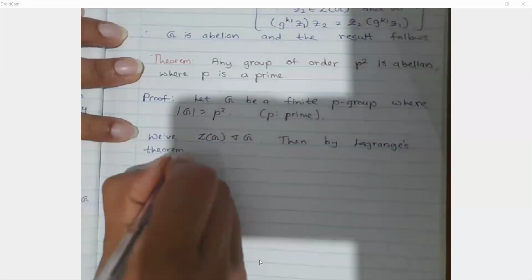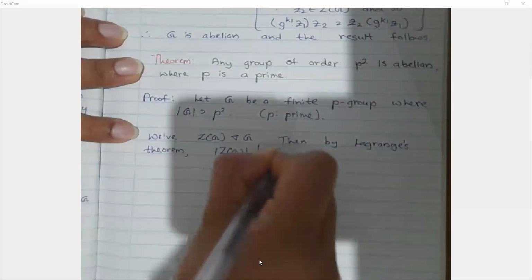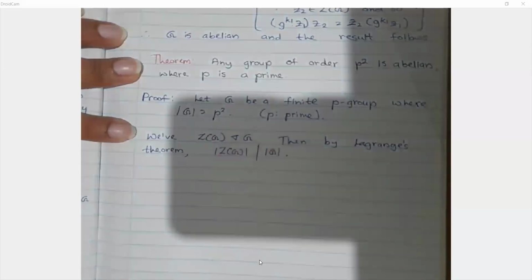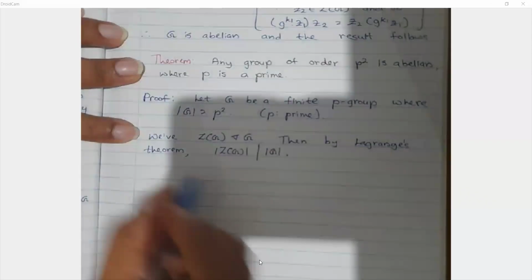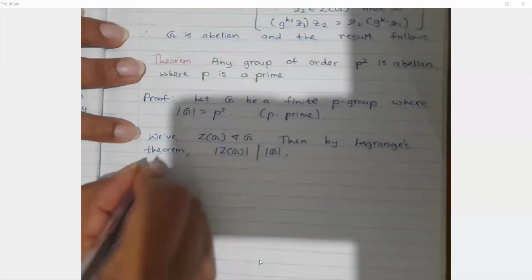Now observe, since the order of the group is p squared for prime p, right?